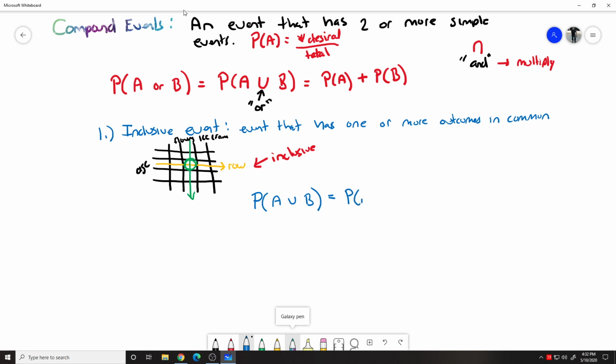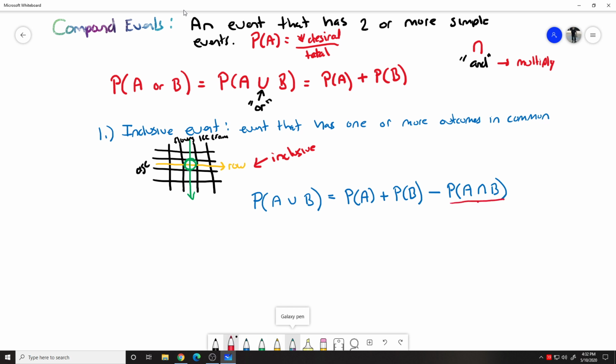You're going to do probability of A, and you're still going to add the probability of B, but you have to make an adjustment. You have to subtract the probability of A and B from your equation. The reason why I'm doing this is this thing right here.